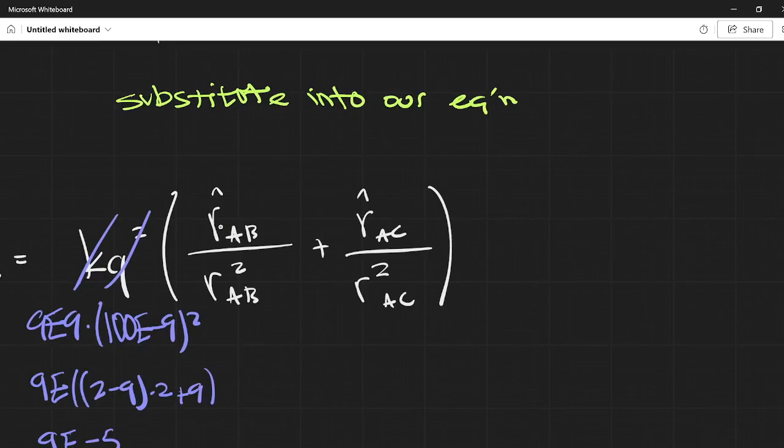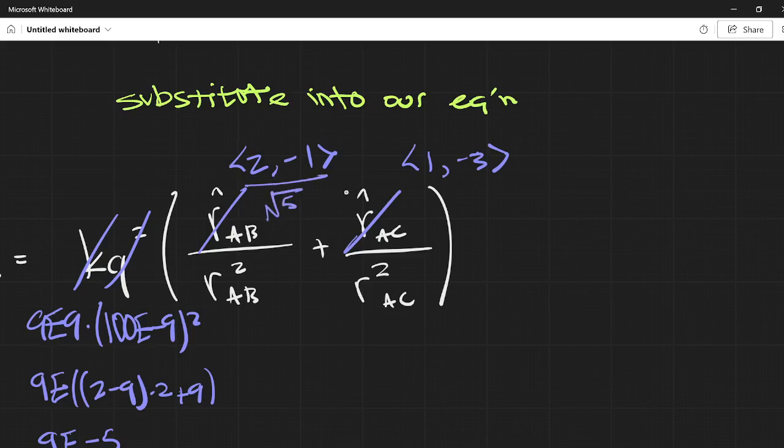RAB, what is that? Well, we said up there that is 2, negative 1. RAC is 1, negative 3. Oh, and don't forget, this is actually divided by the square root of 5. And this is divided by the square root of 10.